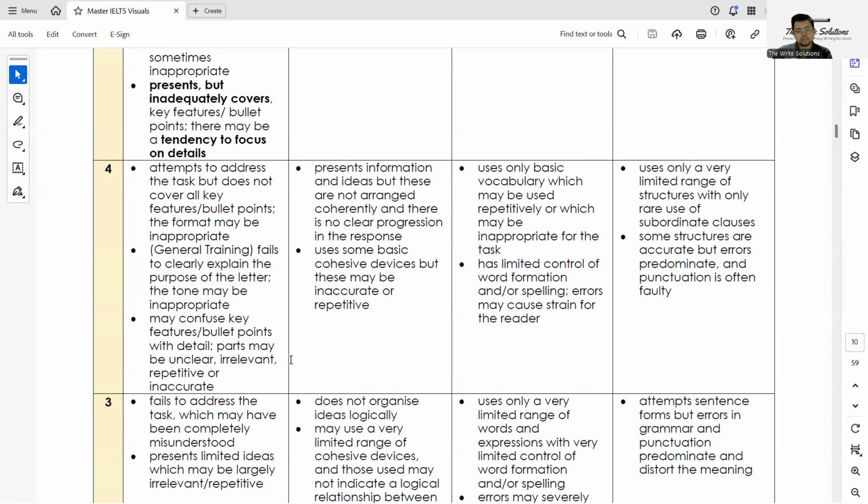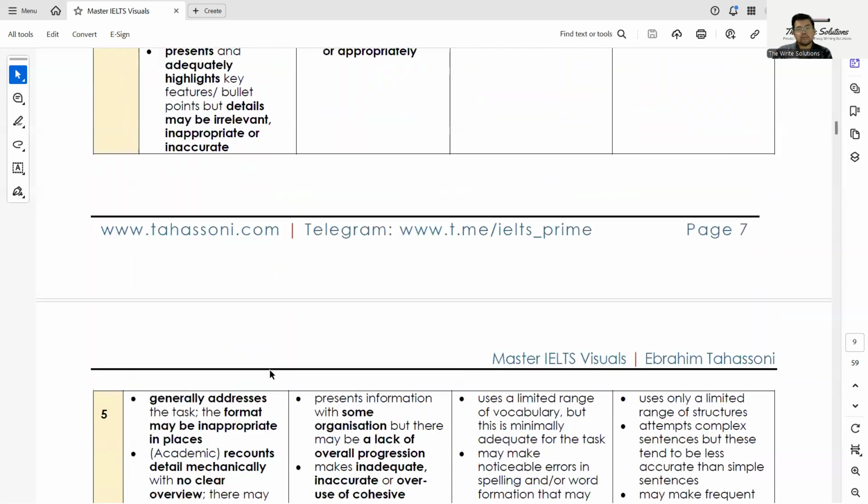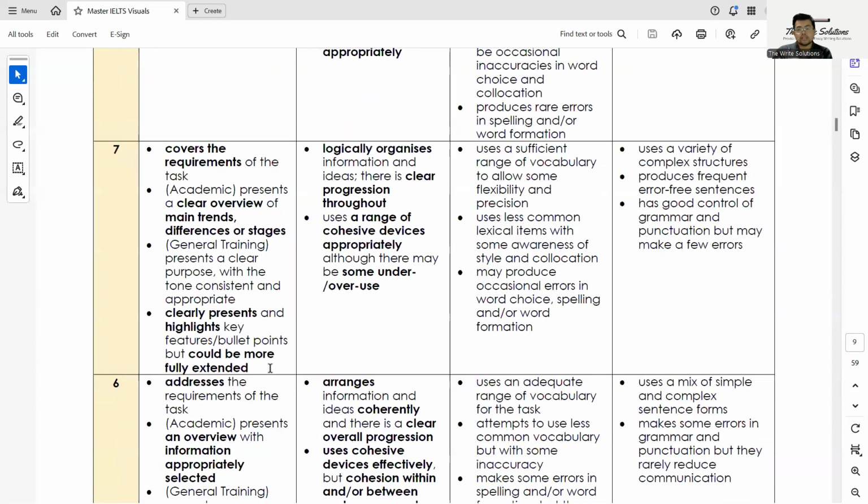Band 3 does not organize ideas logically and may use a very limited range of cohesive devices, and those used may not indicate a logical relationship between ideas. Band 2 has very little control of organizational features. It fails to communicate any message. Number 1. Let's go to resources.